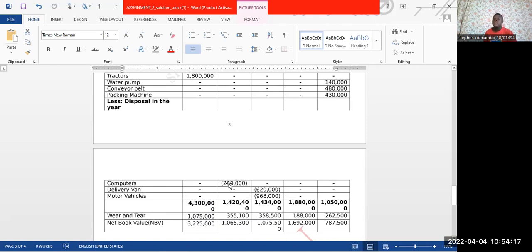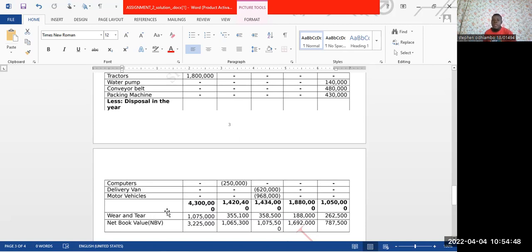Those who are doing their assignment, do not forget to put this in brackets. Bracket means it is supposed to be deducted. And here, as students, just write it very well: less disposal in the year. And if here you just leave it as 250,000, how will you get the correct answer? It means you are adding 250,000 instead of lessing it from our working down value and our additions.